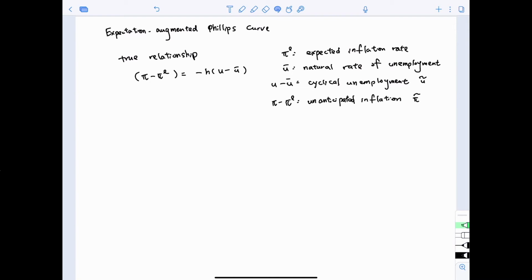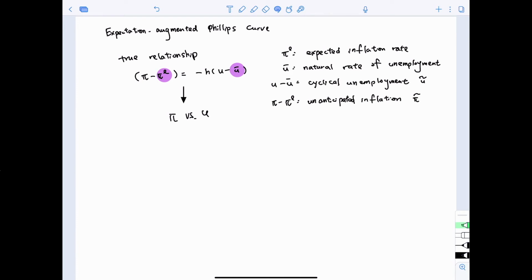So in here, if we are given a set of the pi e and u bar, which is that if we keep these two numbers exactly the same over time, then the true relationship, which is between the cyclical unemployment rate and the unanticipated inflation rate, will be boiled down to the relationship between the pi and u.